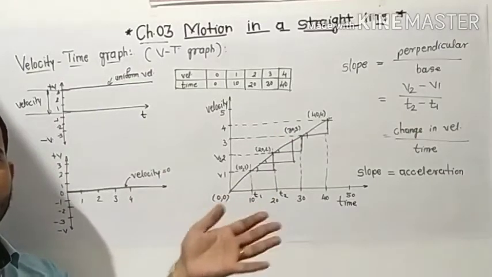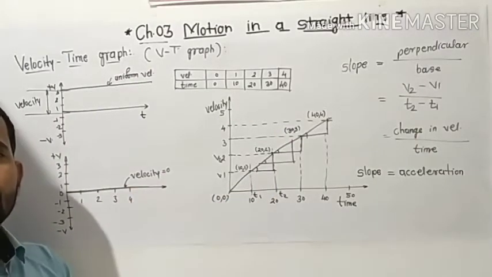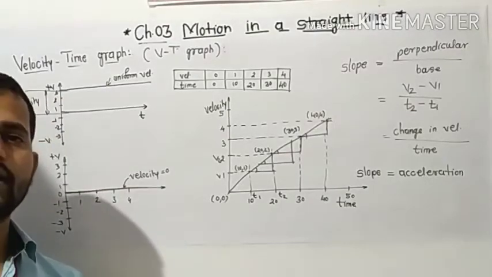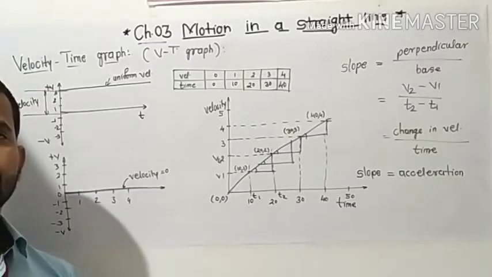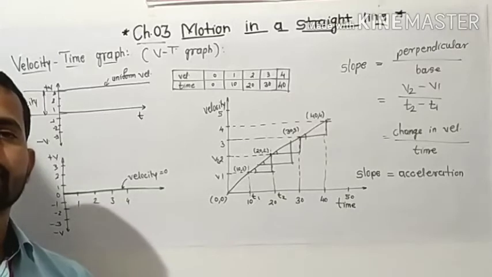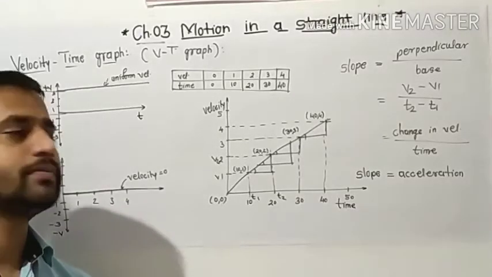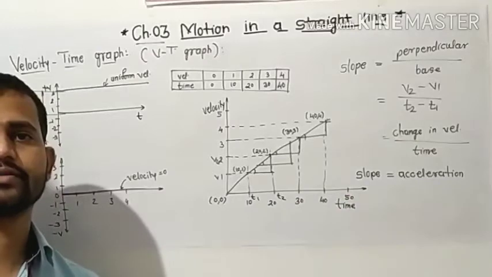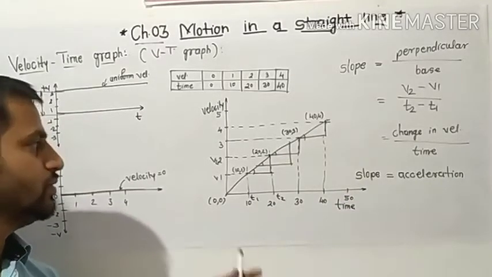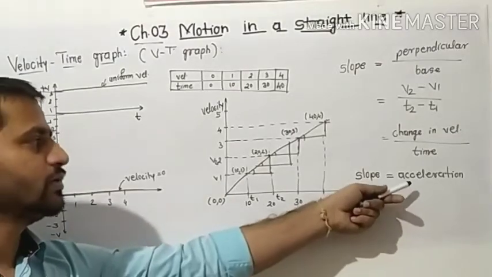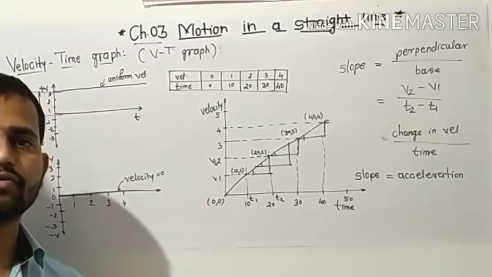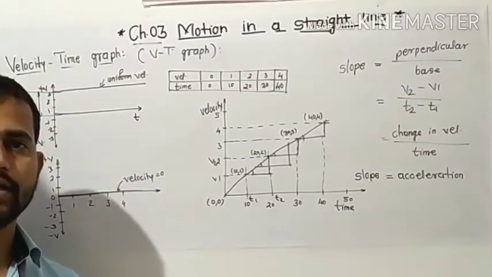And if for equal intervals of time the velocity also increases in equal steps, then we have uniform acceleration. So from the VT curve we get the slope, and the slope indicates the value of acceleration.